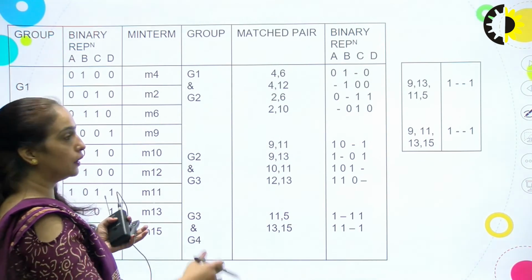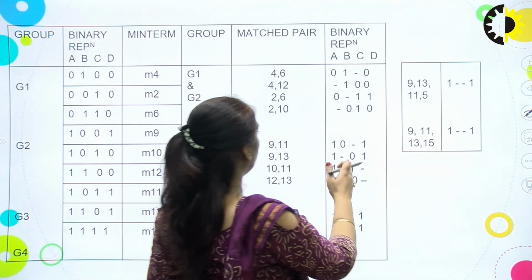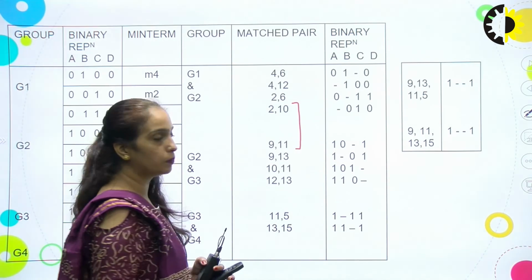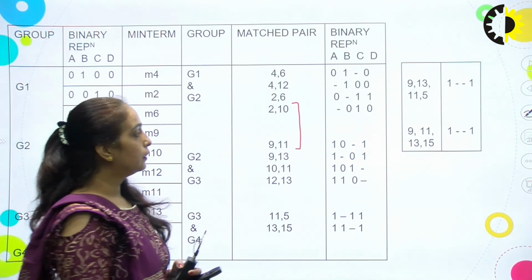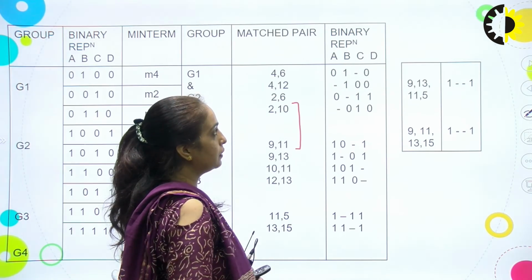Okay. Now the next step is to compare the next two tables. Till now we have done this, now we are going to compare this group with this group, where we have to remove two variables.